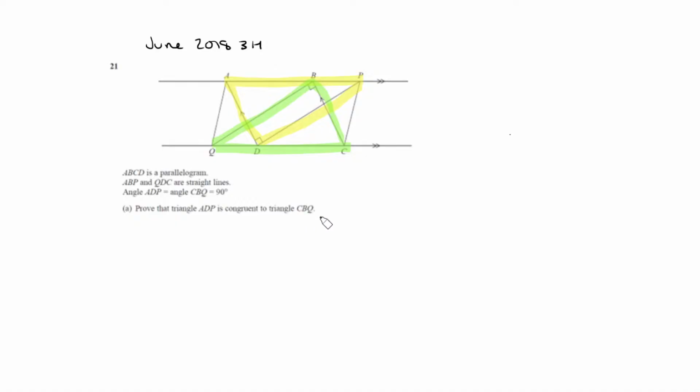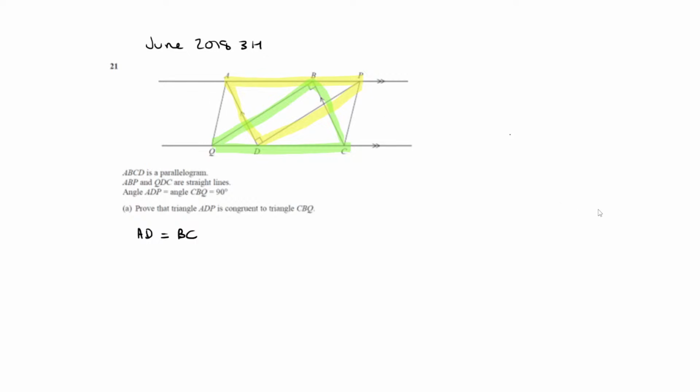So let's see what we've got. AD is equal to BC. A to D, yes, exactly. In this one, the information that we've got a parallelogram is quite helpful. You have to give reasons why. So you could say AD is equal to BC, and the reason is because it's part of that parallelogram.